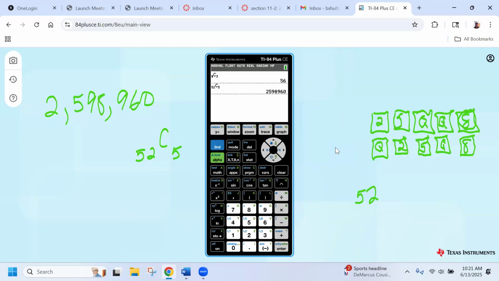It does 52, then says NCR, and then you push 5, enter, and it will give you that same number of 2,598,960.